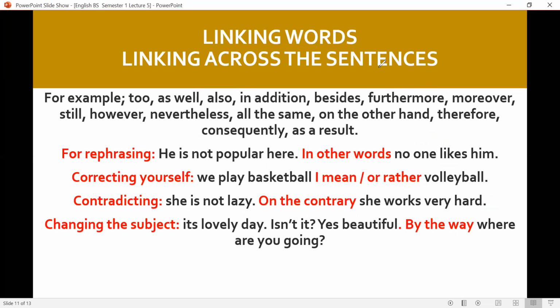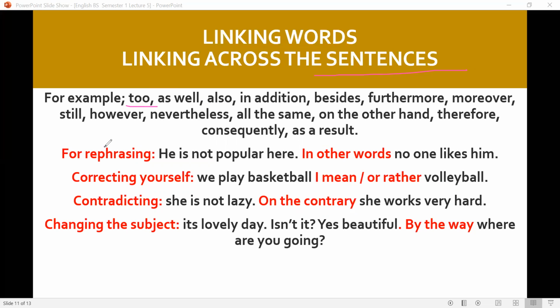Now, linking across the sentences. When we link sentences, for example, to, as well, also, in addition, besides, furthermore, moreover, still, however, nevertheless, all the same, on the other hand, therefore, consequently, as a result.